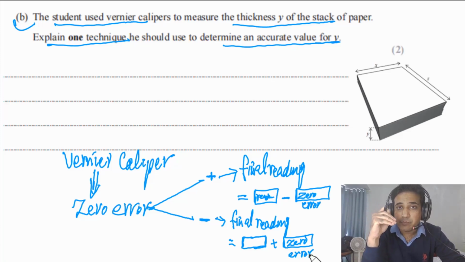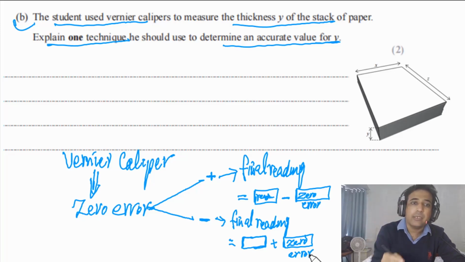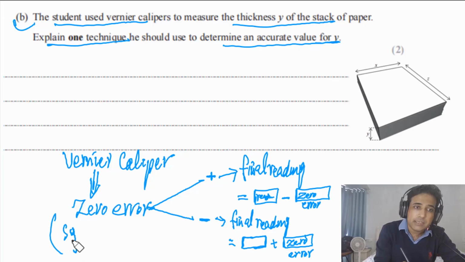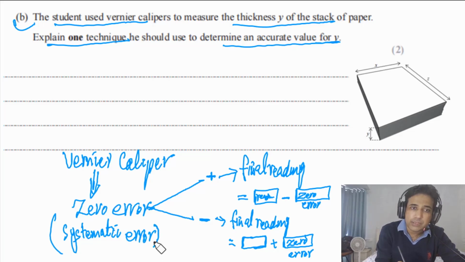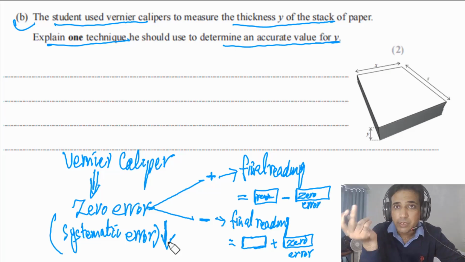In this way we can minimize random error. And by checking for zero error, we can minimize systematic error. So these points we can mention.